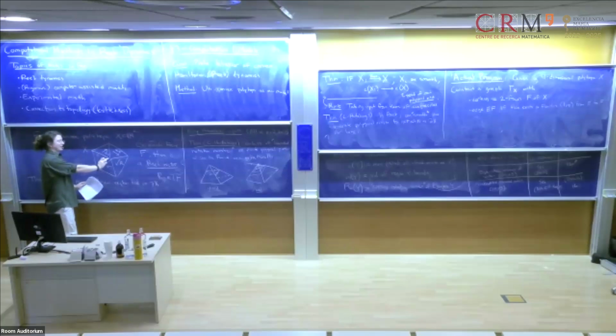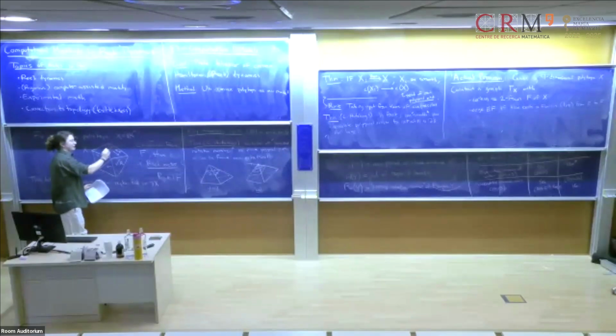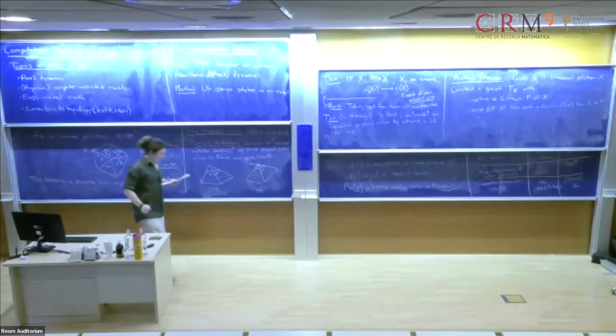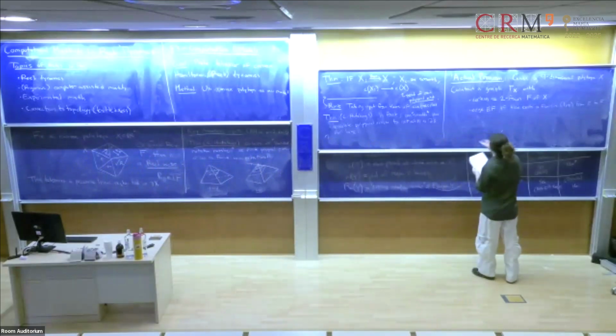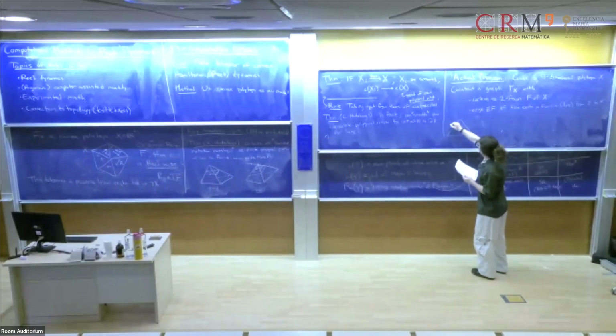So I have this 2D edge, I have this other 2D edge, and if there's a line connecting the 2 edges inside of some 3-dimensional face, then I put an edge in the graph for that. Okay.